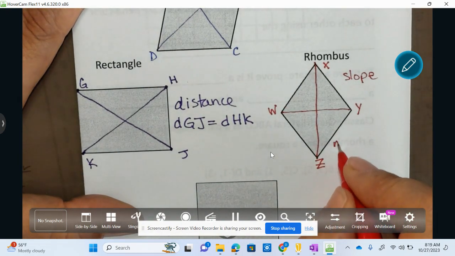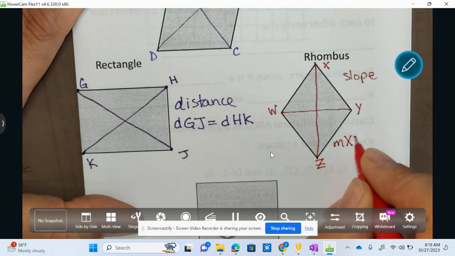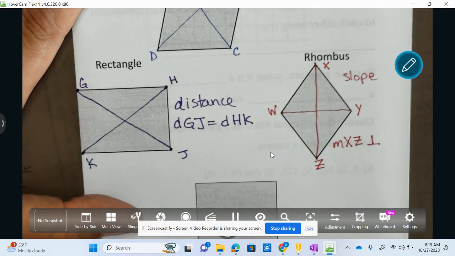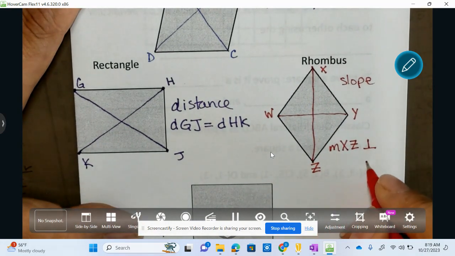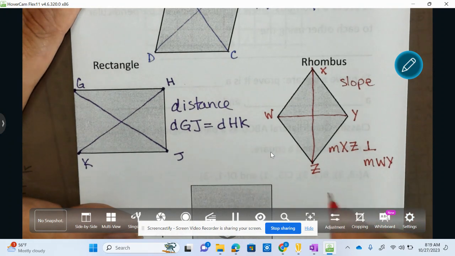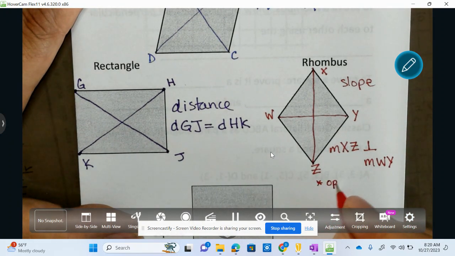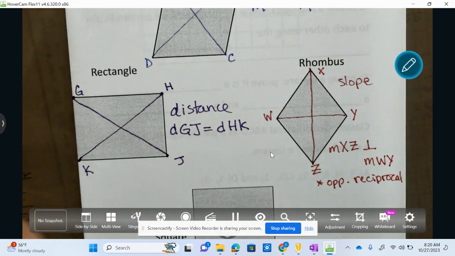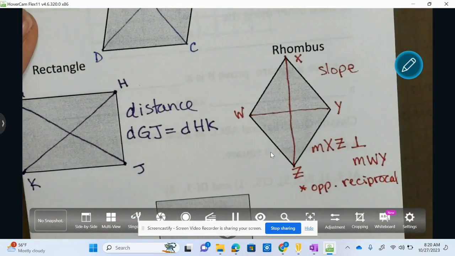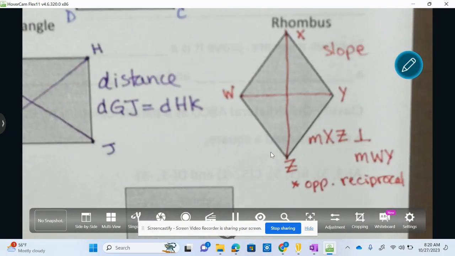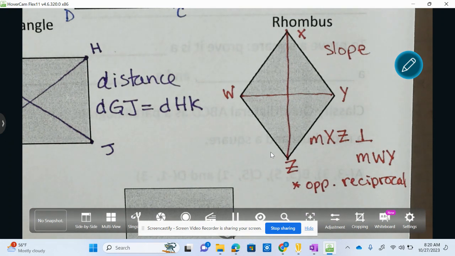So I need to show that the slope of segment XZ is perpendicular to the slope of WY. And then I'm going to write a little note that says they have to be the opposite reciprocal. Opposite reciprocal. Do you guys remember that?